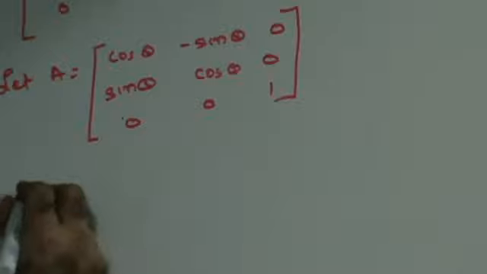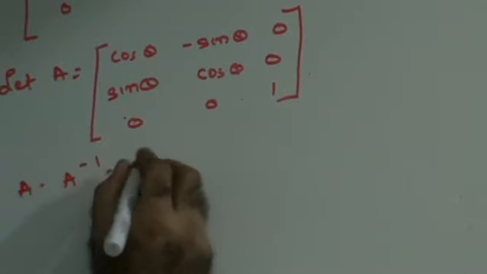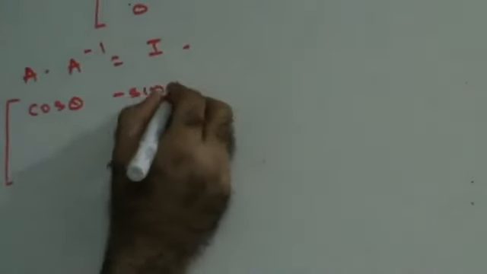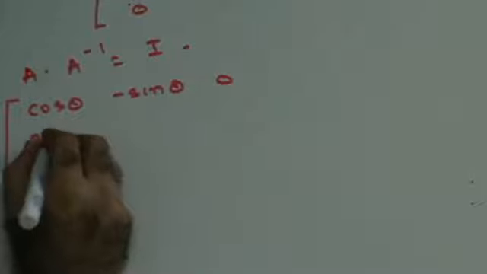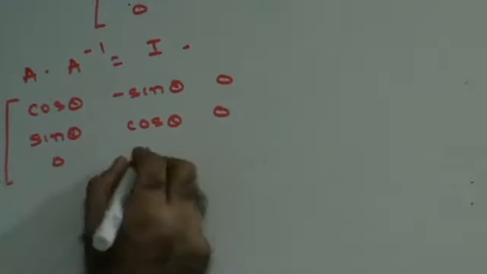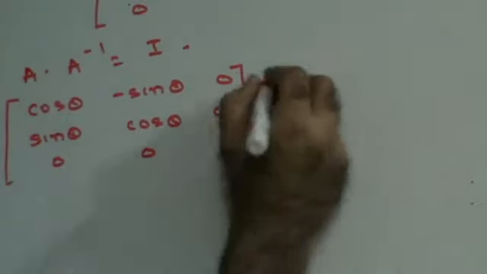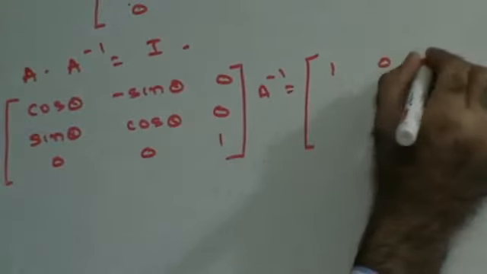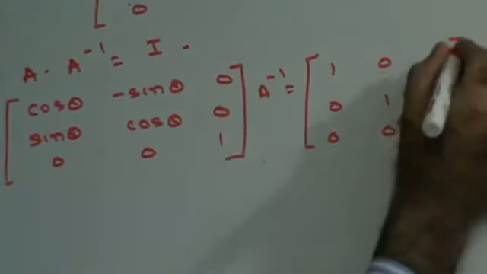Now we know that A into A inverse is I. A is this matrix into A inverse equals I, where I is the identity matrix 1, 0, 0; 0, 1, 0; 0, 0, 1.